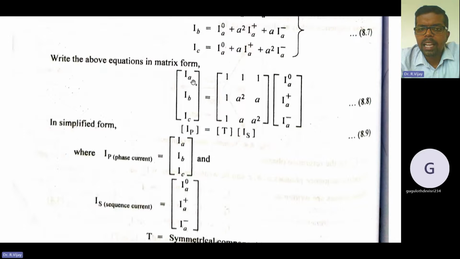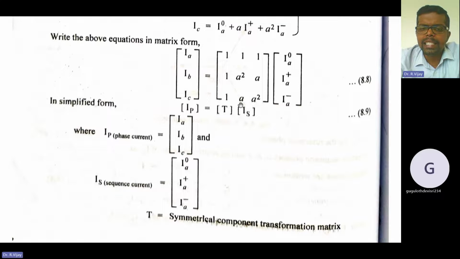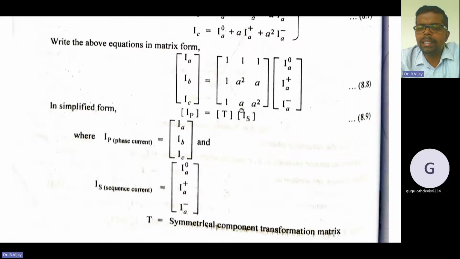Here IA, IB, and IC are the phase currents, so we take the common term as IP. This matrix we take as T. T is nothing but the symmetrical component transformation matrix. Here IA naught, IA plus, and IA minus, this matrix we take as IS, which is the sequence current.